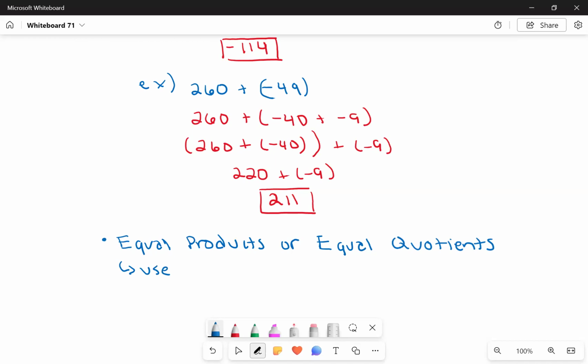The product is unchanged when one of the numbers is divided by a given number and the other number is multiplied by the given number.